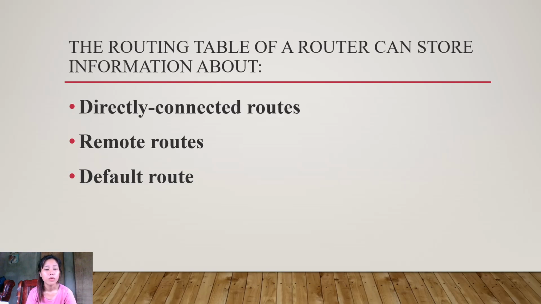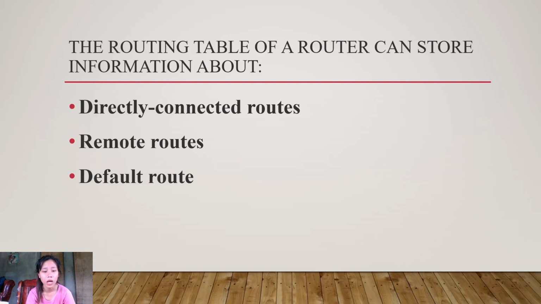Remote routes come from remote networks connected to other routers. Routes to these networks can be manually configured on the local router by the network administrator, or dynamically configured by enabling the local router to exchange routing information with other routers using a dynamic routing protocol.